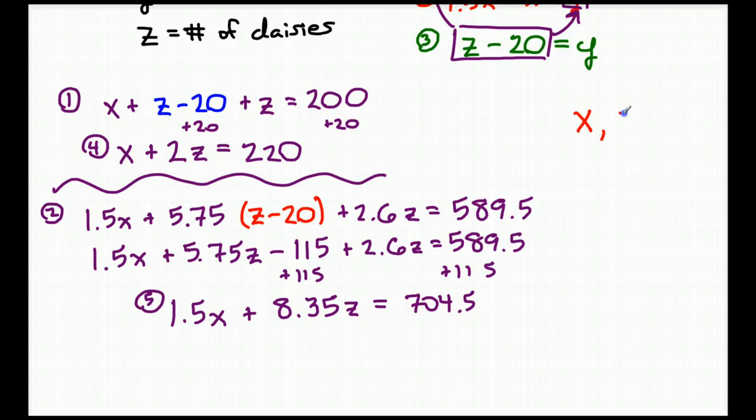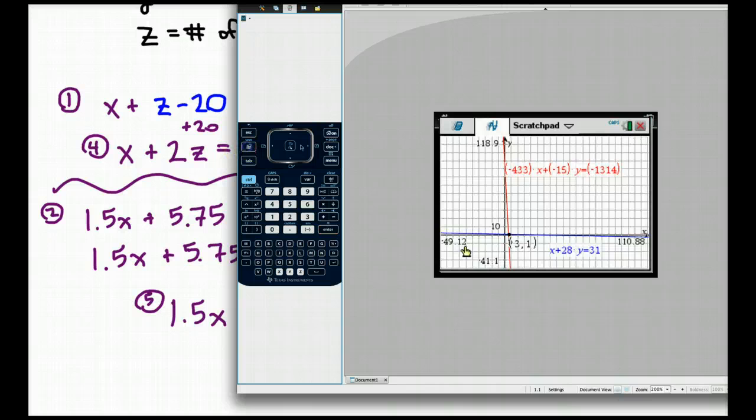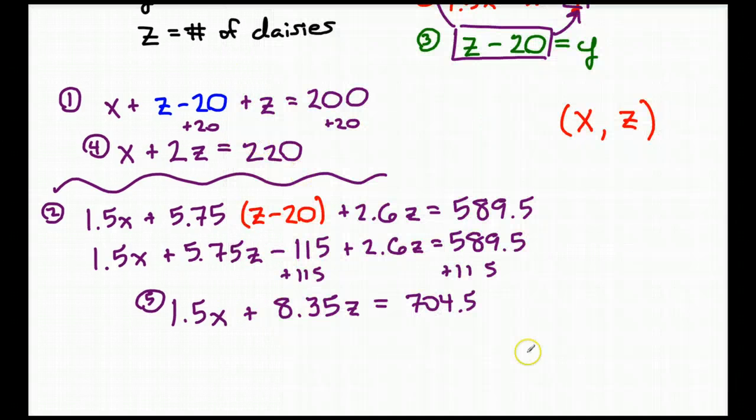So my ordered pair for this one is going to be x and z, even though my calculator is going to say x and y. So I'm going to go ahead and plug those in and see what I get. Okay, so my first equation is x plus 2z, so I'll put a 1 and a 2 in here for my first coefficients, equals 220.